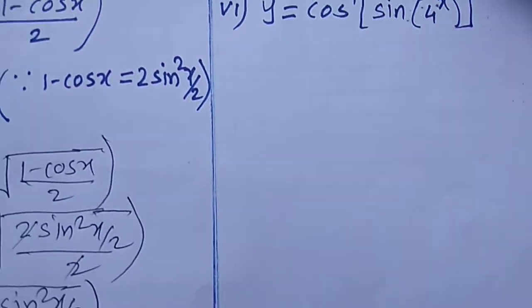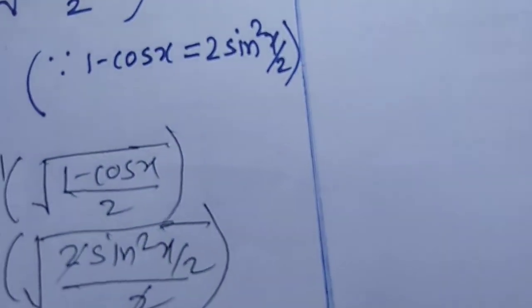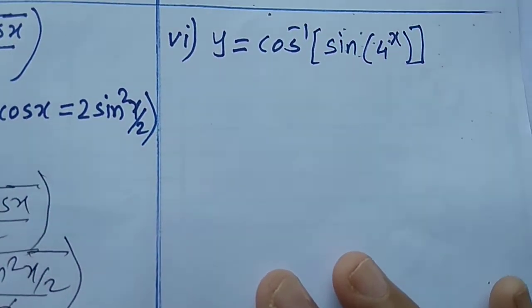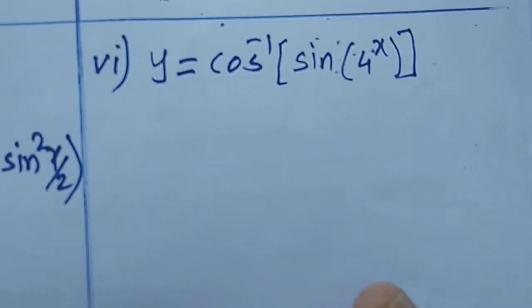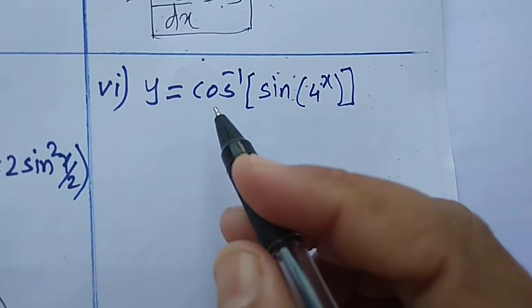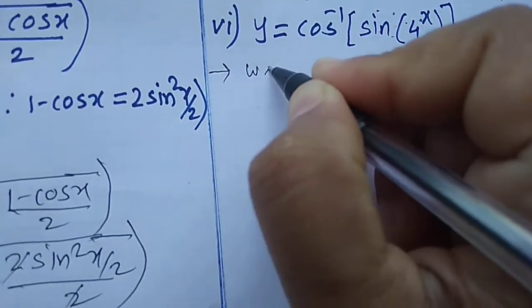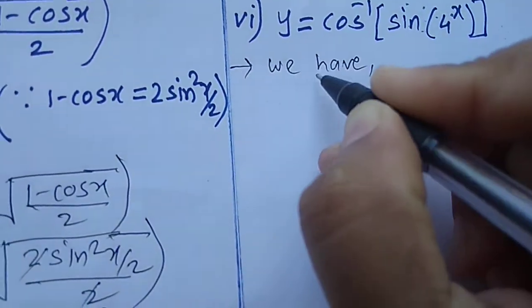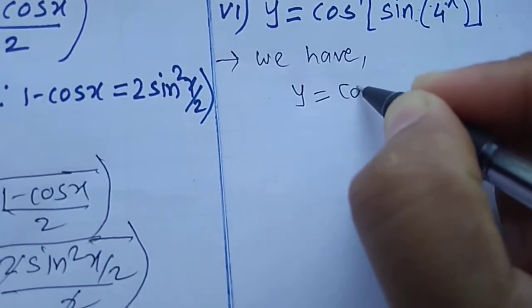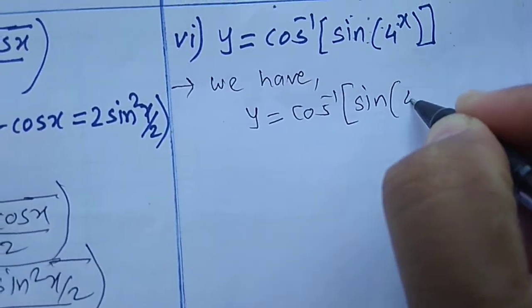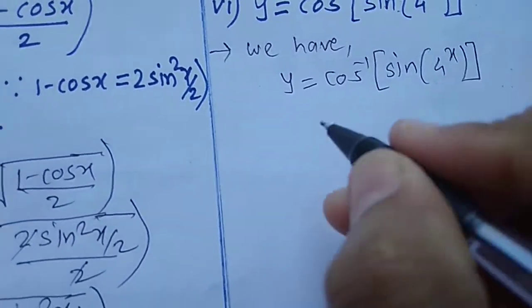So let us see another example. y is equal to cos inverse of sine 4 raised to x. So we have y is equal to cos inverse of sine 4 raised to x, bracket complete.